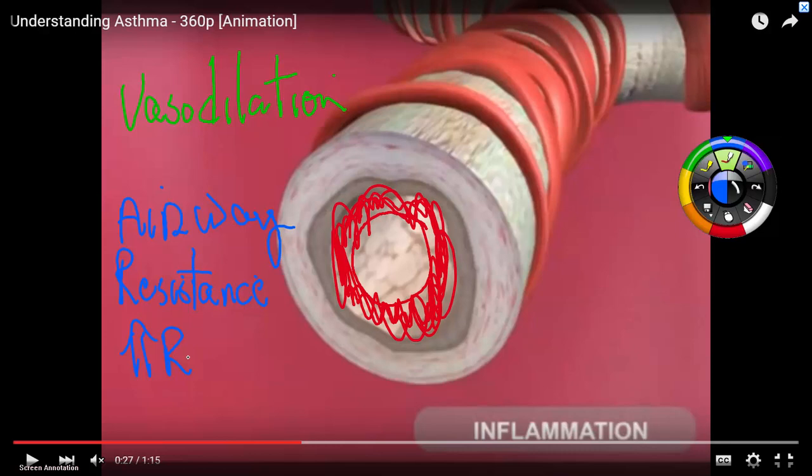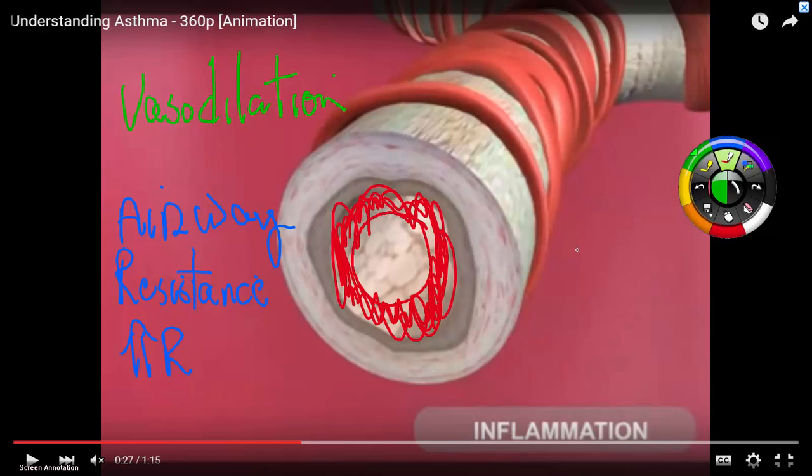They have to increase the amount of pressure between the lungs and the atmosphere to try to overcome this resistance. And how you create a greater difference in pressure between your lungs and the atmosphere is by creating a greater lung volume. So as a result of the swelling of that vascular lining within the bronchioles, that's going to increase the resistance to airflow, so the person has to breathe harder to try to overcome that resistance.